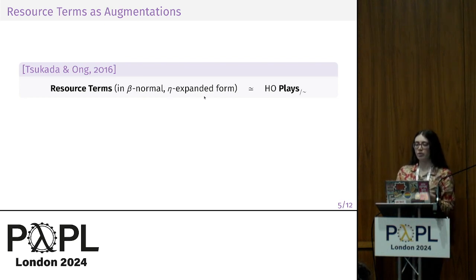Eta expansion simply means that if you have a term of an arrow type A arrow B, then it must start with a lambda x of type A. These terms are isomorphic to plays in the usual Hyland-Ong game setting, quotiented by a homotopy relation, which I will explain a bit later.